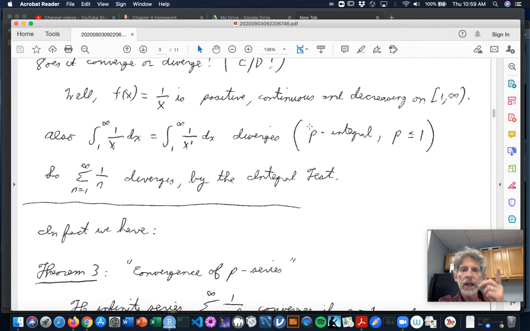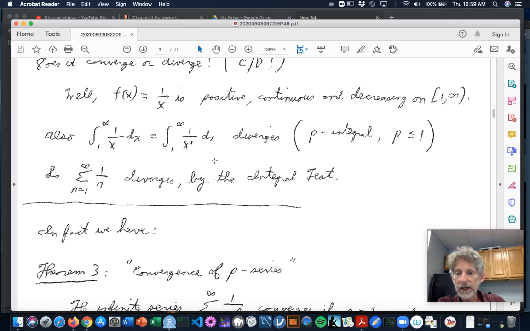And remember, back in the section on improper integrals, there was this p integral test for them. Integral from 1 to infinity of 1 over x to the p power. If p was less than or equal to 1, then this would diverge. If p was bigger than 1, this improper integral would converge. Well, this time p is 1, which is less than or equal to 1, so this is going to diverge. Or you could just figure it out again for yourself right here and now.